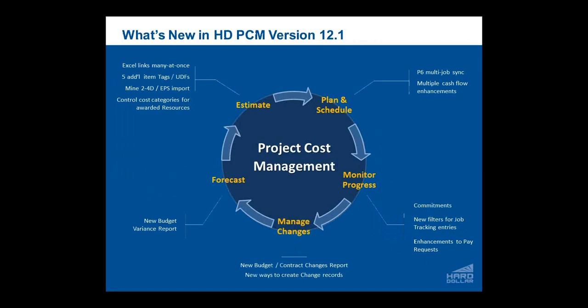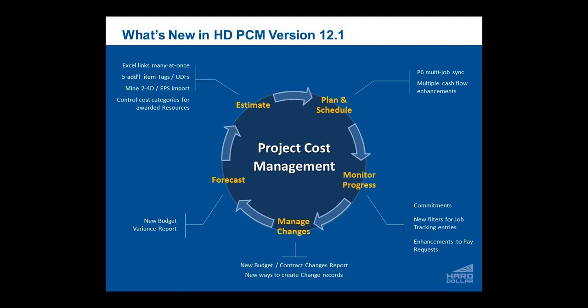As we look at project cost management, or PCM, these are the major tasks that folks get involved in as you take a project around that circle: from estimating into planning and scheduling, monitoring the progress of the project, managing changes in the project, and then ultimately doing forecasts and updating forecasts.